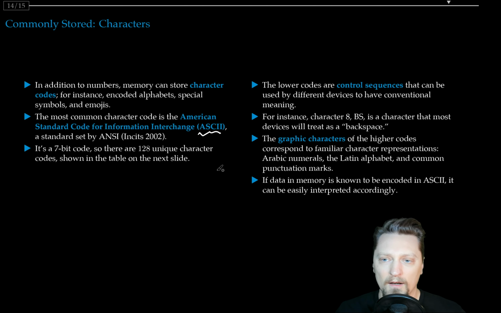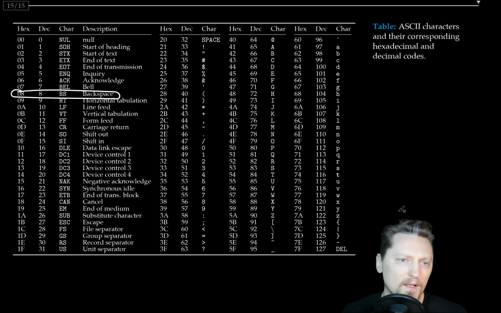The graphic characters of the higher codes correspond to familiar character representations: the Arabic numerals, the Latin alphabet, and common punctuation marks. If data in memory is known to be encoded in ASCII, it can be easily interpreted accordingly. So let's take a little closer look.